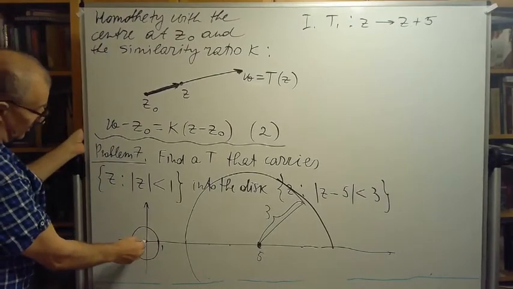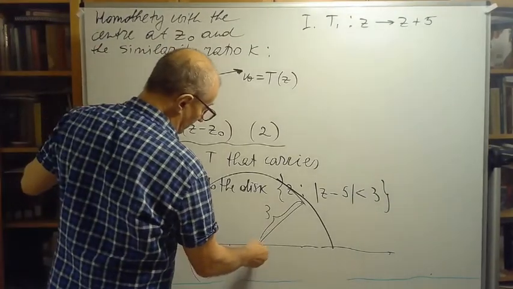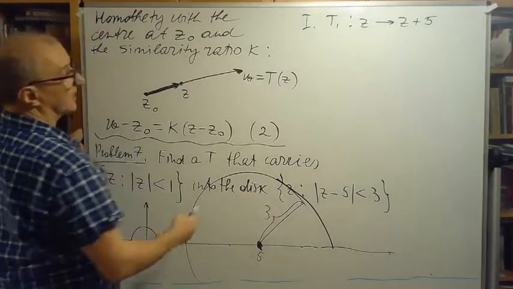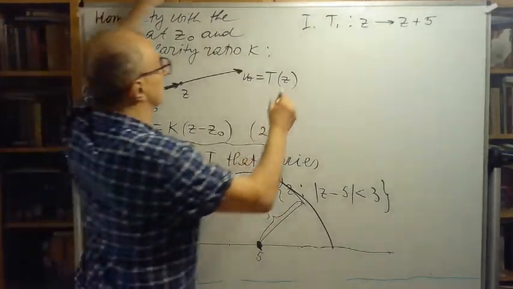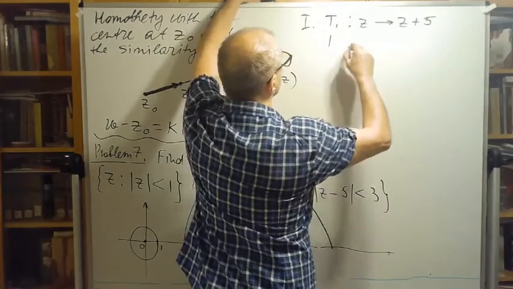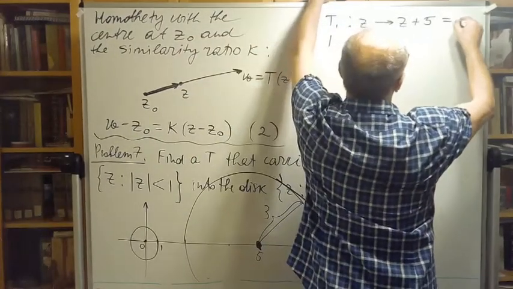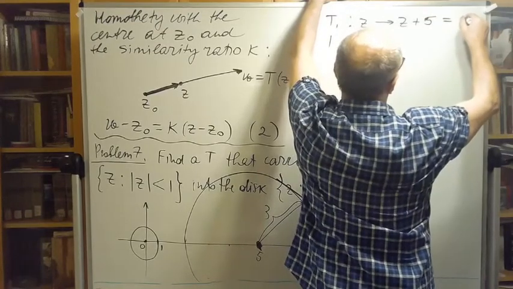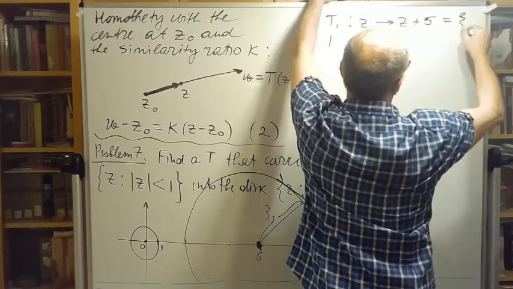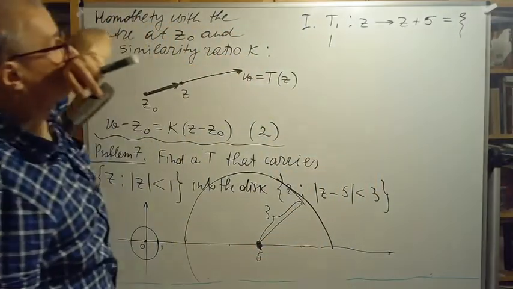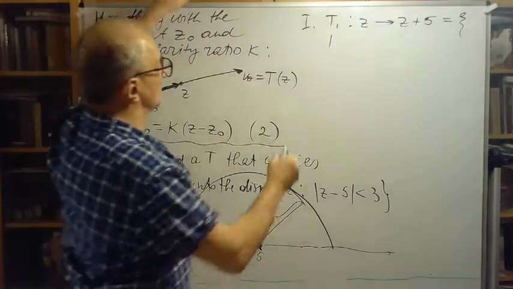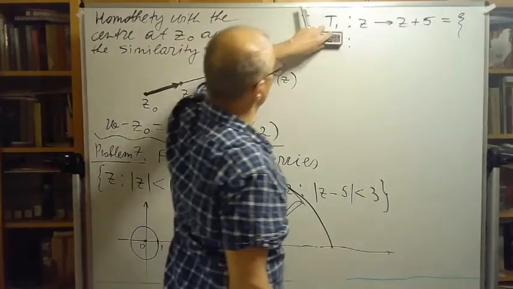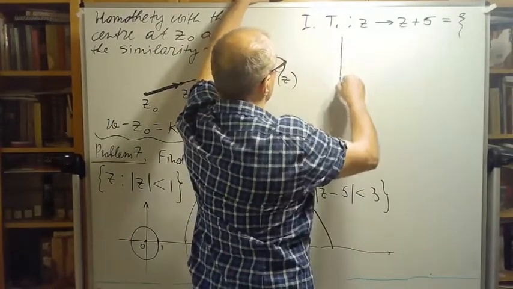This way the origin will jump into point 5, and every point of the plane will move 5 units to the right. And I will denote this new variable, let's say psi. That's a good name for it. Intermediate variable.